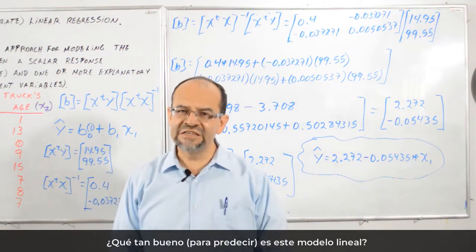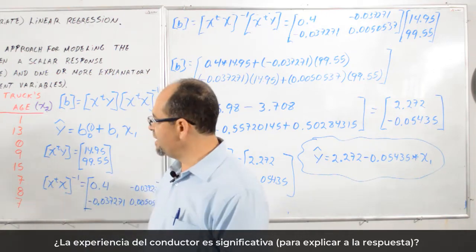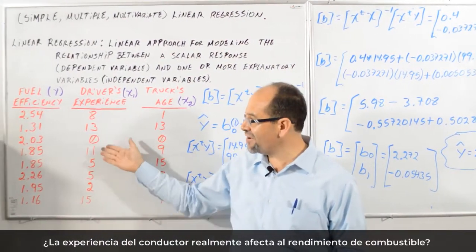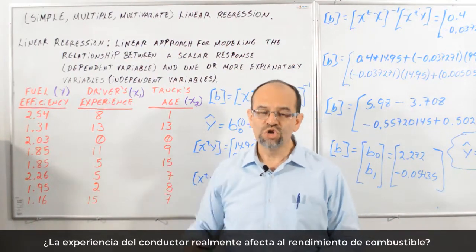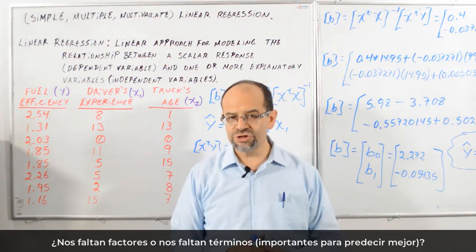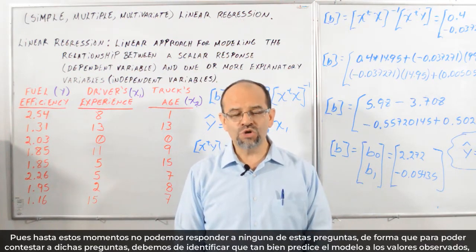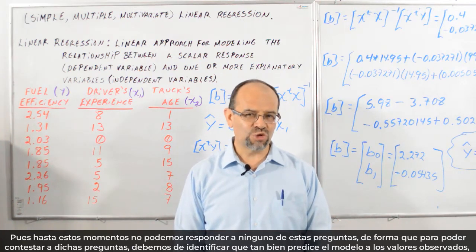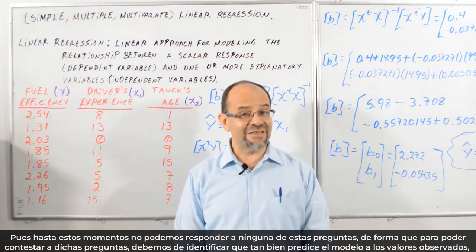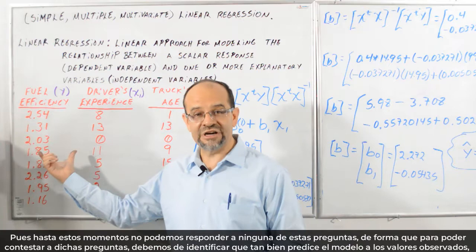How good is this linear model? Is the driver's experience significant, is it really affecting the fuel efficiency? Are we missing factors, or are we missing terms? Well, at this point, we cannot answer any of those questions. In order to address them, we have to identify how good the model is fitting to the observed values.